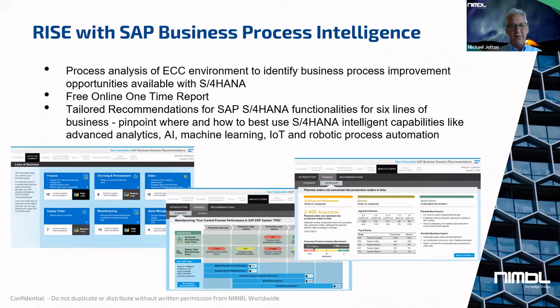And then based on those metrics and looking at the improvements that come with S4HANA, tailor recommendations for you on where you might want to implement business transformation with S4HANA as opposed to just doing an upgrade. And that will help you scope your upgrade ultimately.